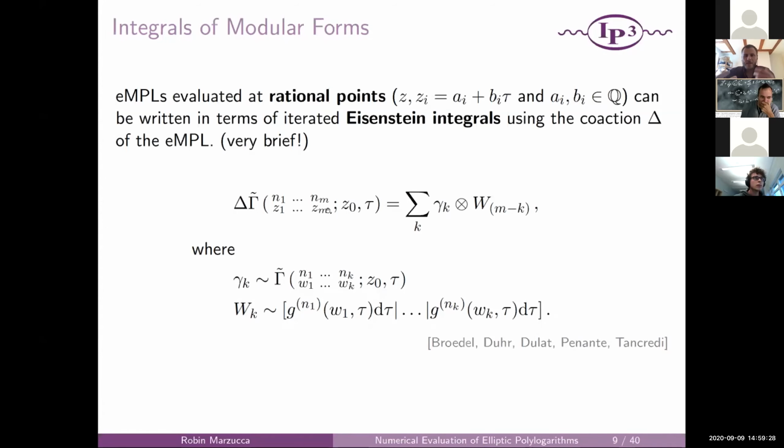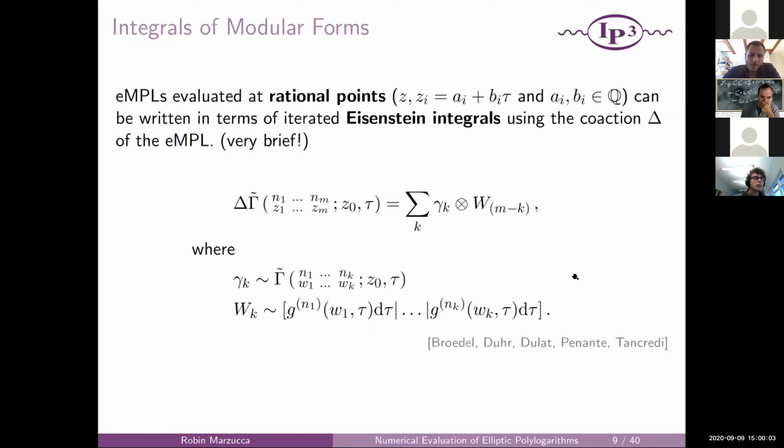Obviously, if two functions are the same, then their coaction must be the same as well. The coaction of an elliptic multiple polylog can be cast in this form, so you get a sum over tensor products, the first entry of which can be written again as an elliptic multiple polylogarithm, and the second entry can be cast as a word of one-forms, in particular one-forms that contain this Kronecker-Eisenstein coefficient.